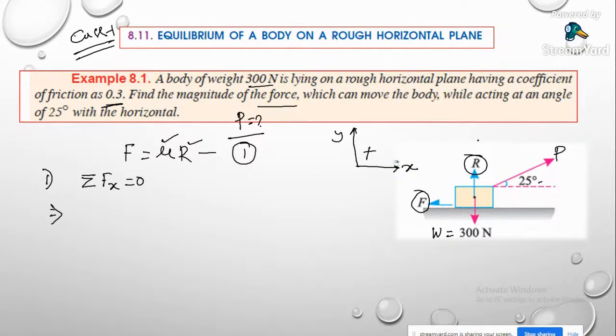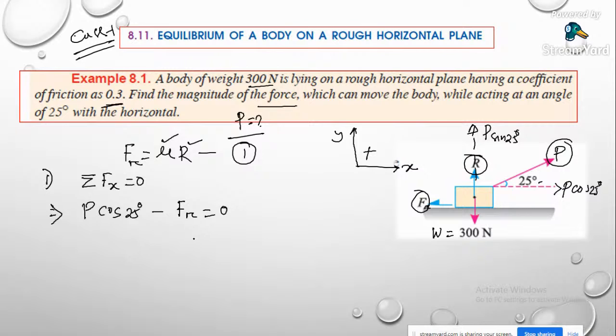If you resolve P, because it is not along our reference axis, the components are P cos 25 and P sin 25. So P cos 25 degrees is positive, and minus the friction FR, equal to 0.